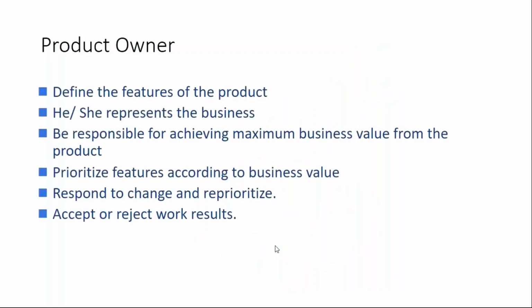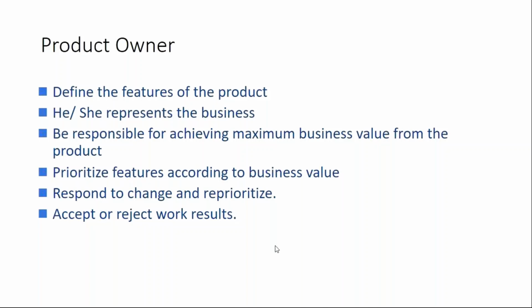The very first role is the product owner. This person has the vision of the project and works as a liaison between the team and the stakeholder. Rather, we should say he is a person who represents the stakeholder and knows the line of business very well.